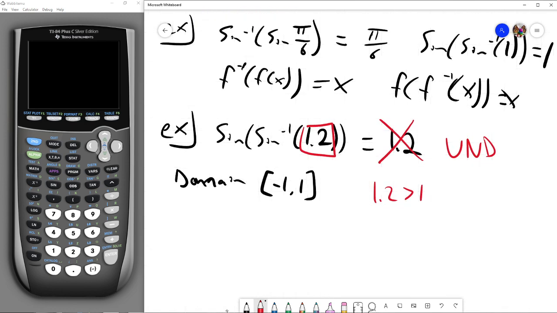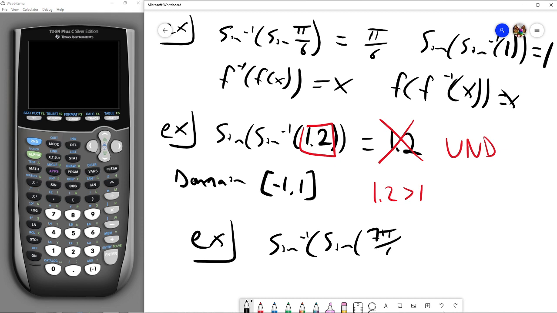Another way you might be tricked. This is a classic also. So suppose I have arcsine of sine of 7 pi over 6.